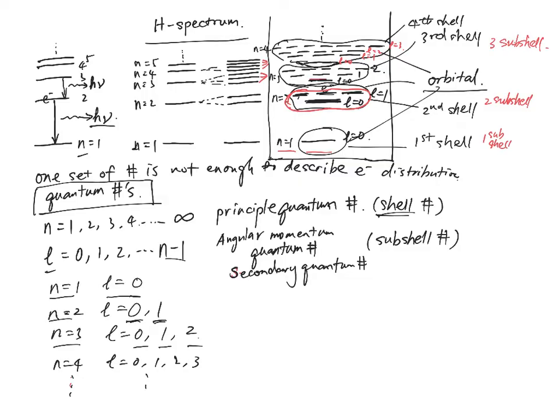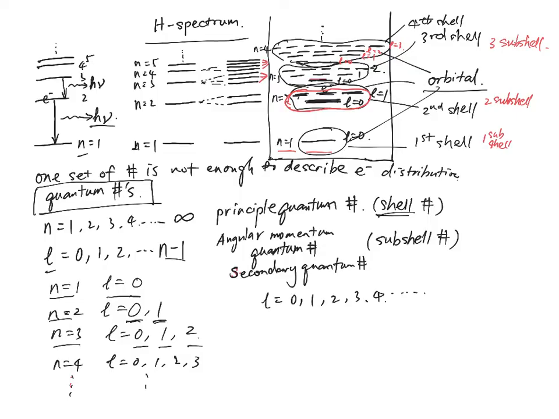And now, for each L value, the secondary quantum number value, 0, 1, 2, 3, 4, 5, 6, 7, 8, whatever. Now you should realize something here.